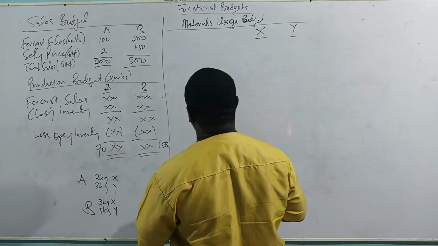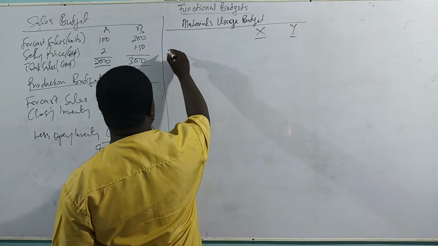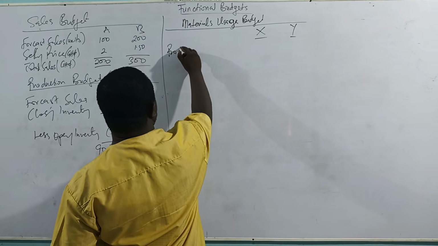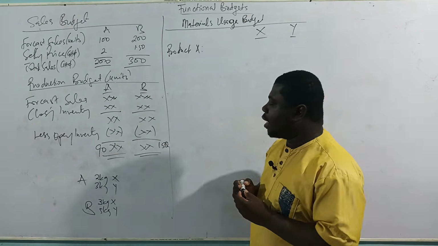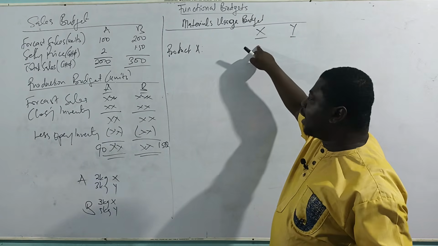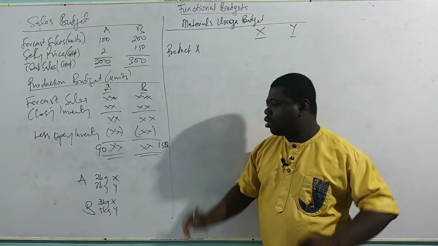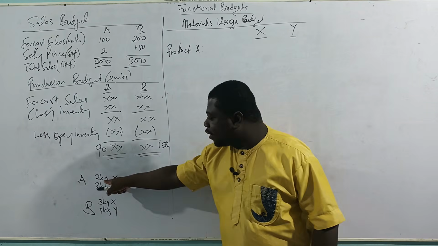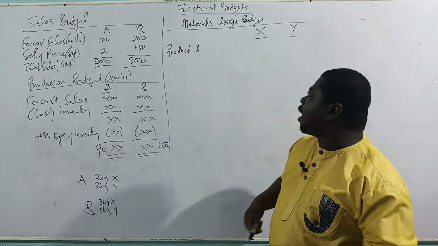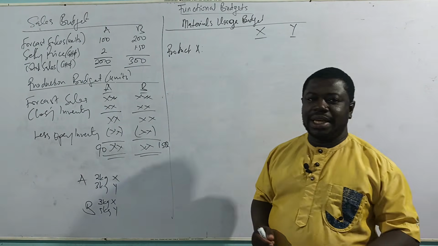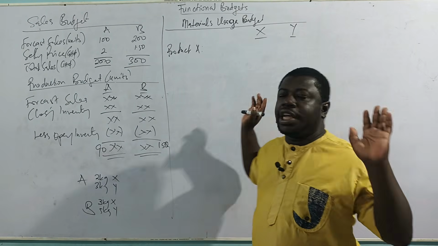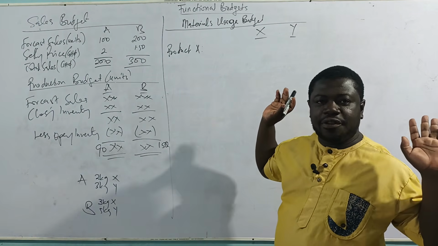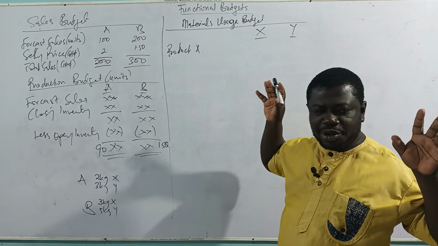So when I come here, I'll say for product A, how many quantities of material X will I need for product A? If I need 2 kg of X for 1 and I'm producing 90, then it means I have to multiply 90 by 2 kg in order to get the total unit of material X for product A. I don't know if you are getting me right.